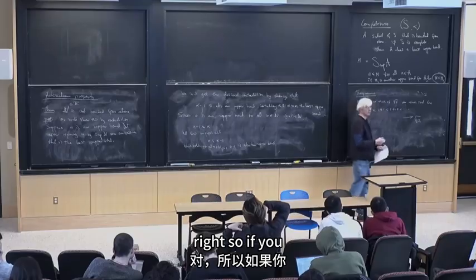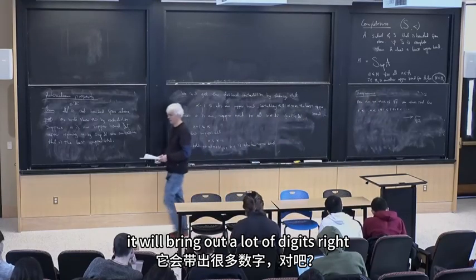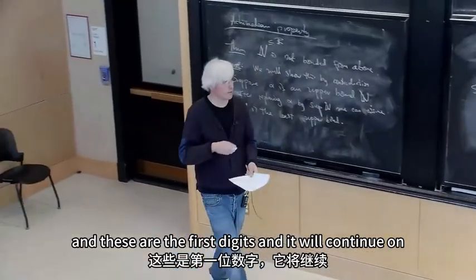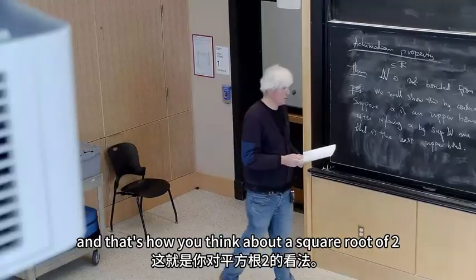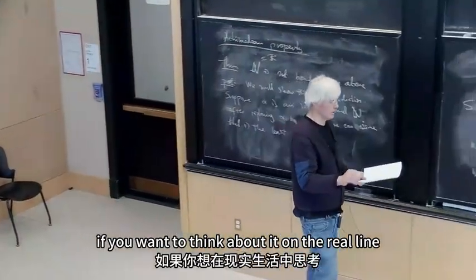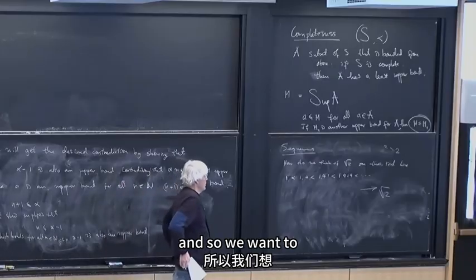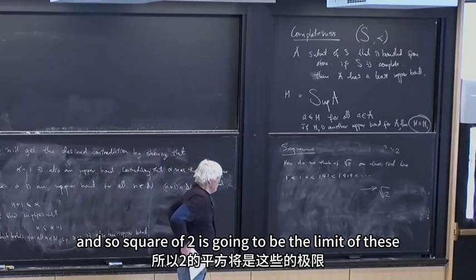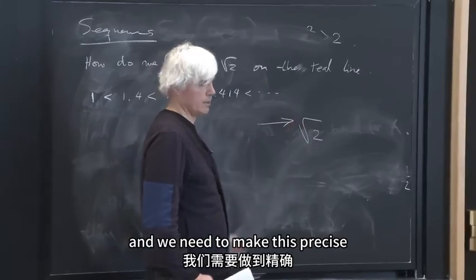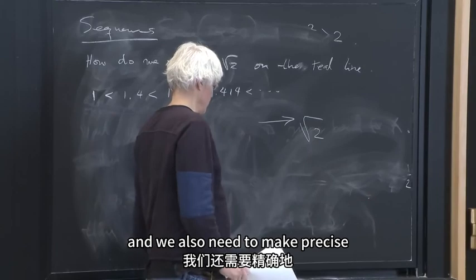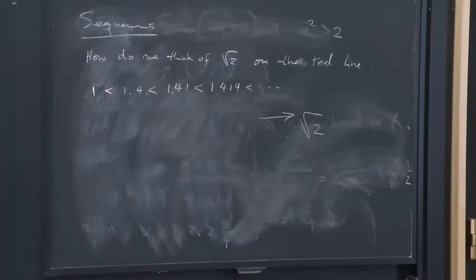If you plug square root of 2 in on the calculator, it will bring out a lot of digits, and these are the first digits, and it will continue on. That's how you think about square root of 2 on the real line. We need to make this precise, and we also need to make precise what a sequence really is.